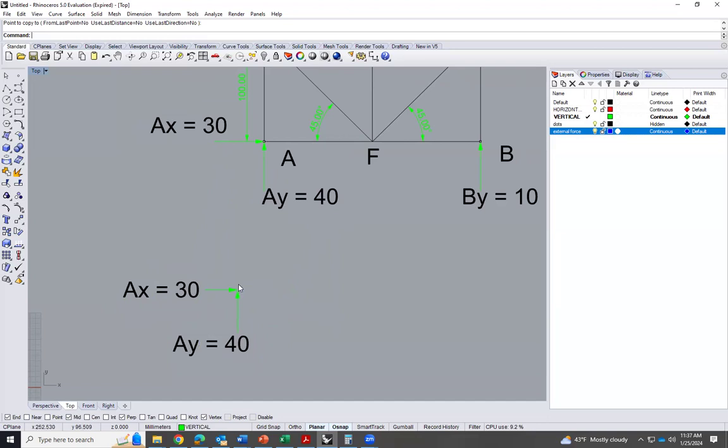So now I have two bars. We have a vertical one and we have a horizontal one.